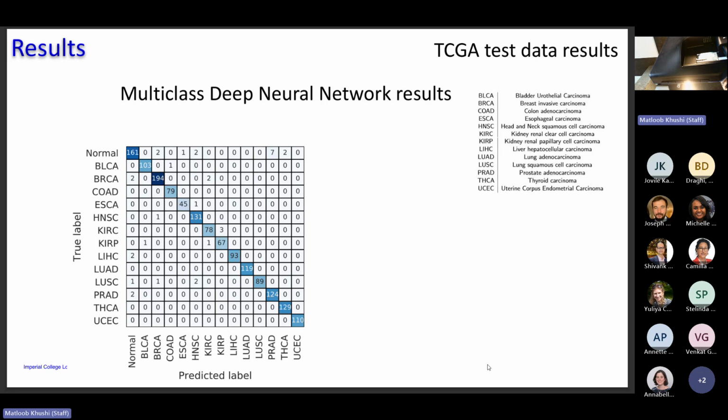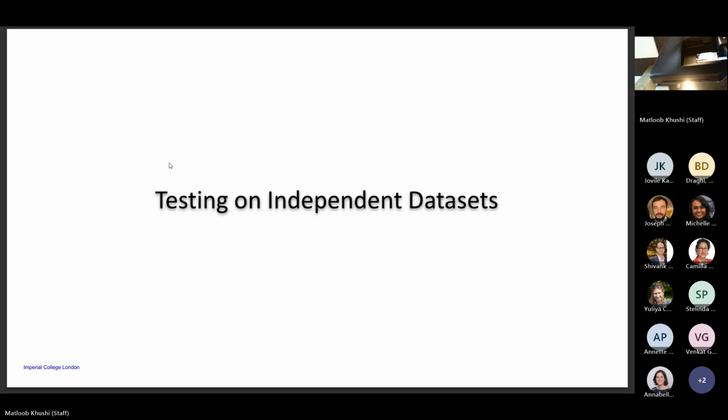So the deep feed-forward neural network, basically, we used it in a multi-class model, and it had better accuracy than just using the XGBoost. So this two-tiered way of getting the features out of the XGBoost model and then training a neural network on that improved our performance. So then the next step was to test these things using independent data sets.